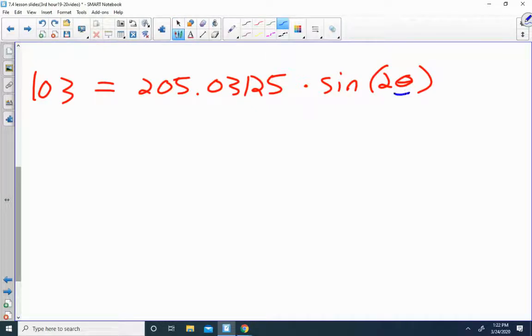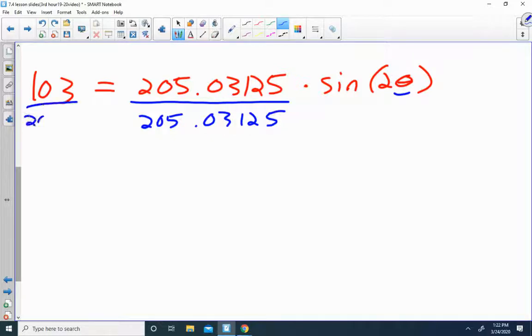Now we need to start solving for theta. Best thing we can do right now is let's divide, not subtract, divide 103 by 205.03125, and we're going to do that to both sides.